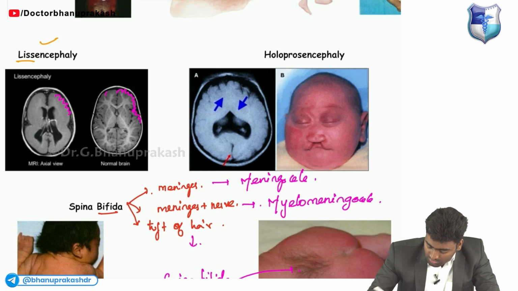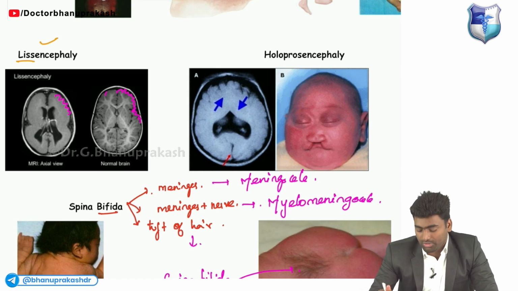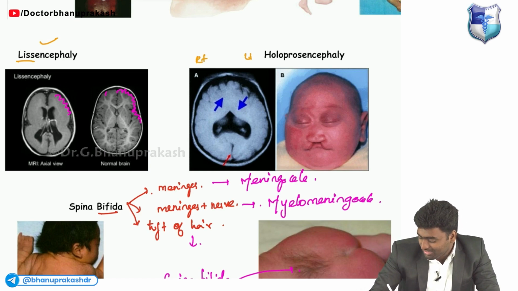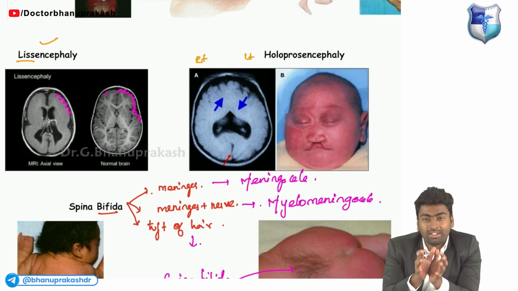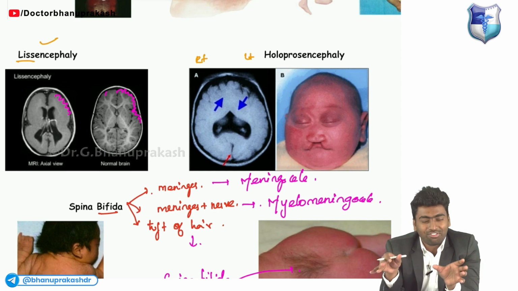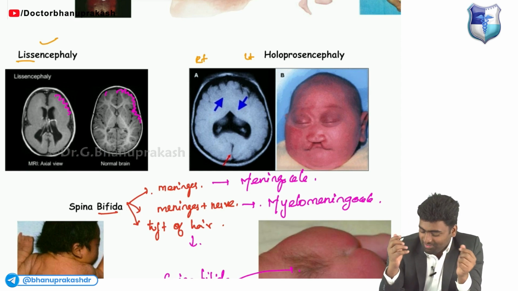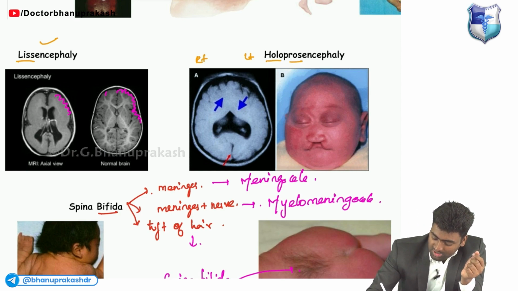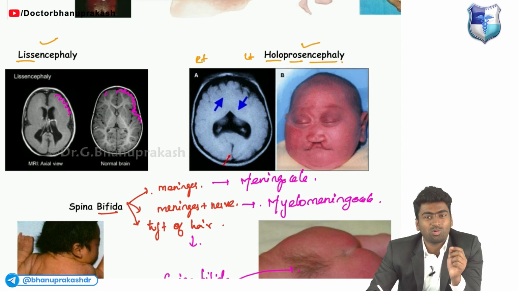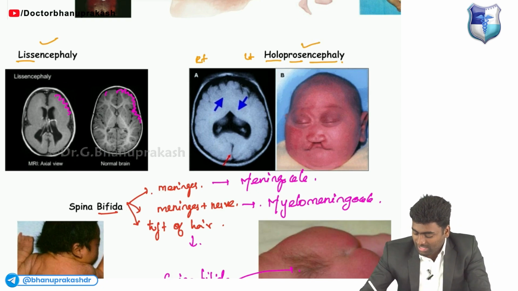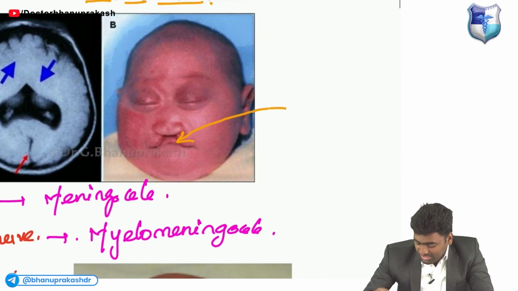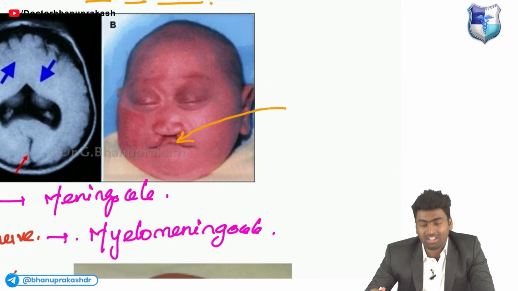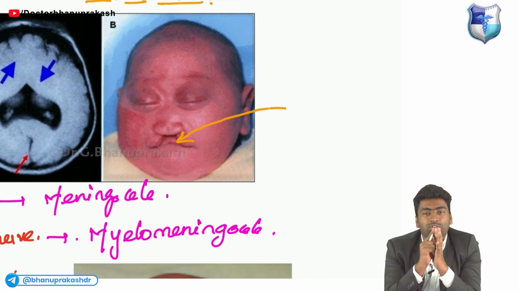Okay, and we know the brain consists of two halves, the right half and the left half. And remember, if there is no half separation, if the brain instead of separating into right and left halves remains as a single part, we call it holoprosencephaly. Just remember. Fine. And tell me, it is related to one condition. Can you tell me what this condition is in which the lip is not fused in the midline?